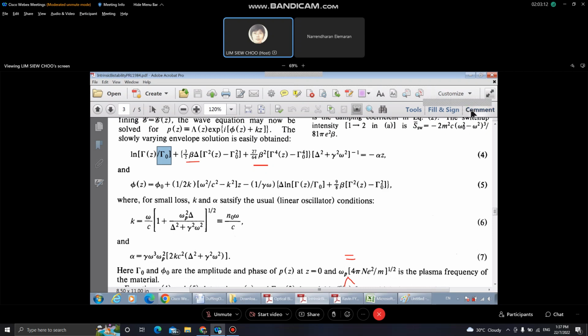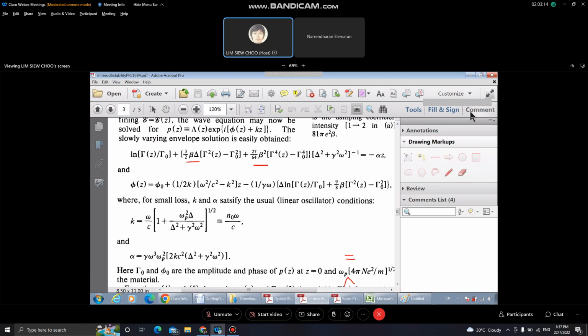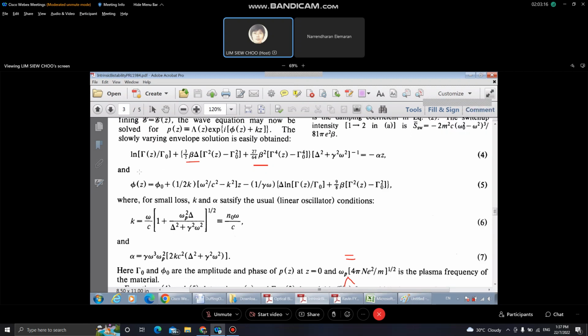actually is lambda. Let me draw this one. This actually is lambda z over lambda naught. Okay, this is a value.